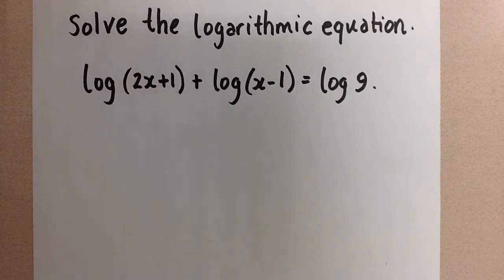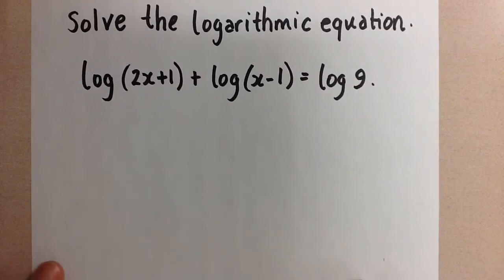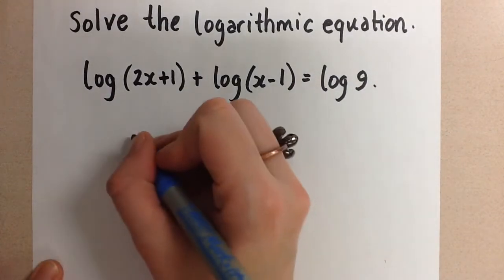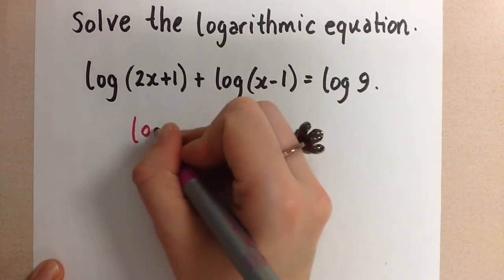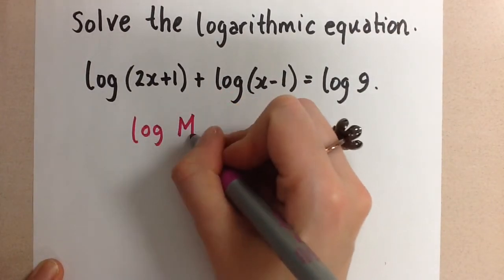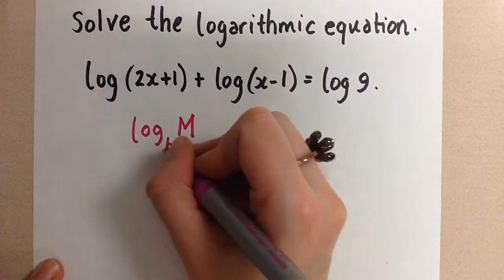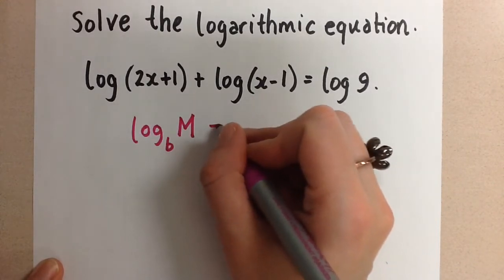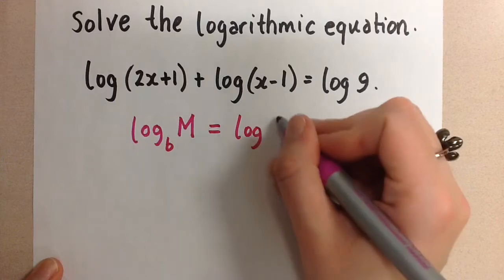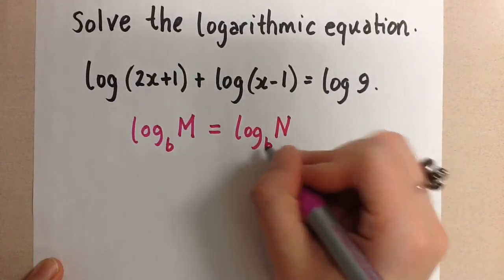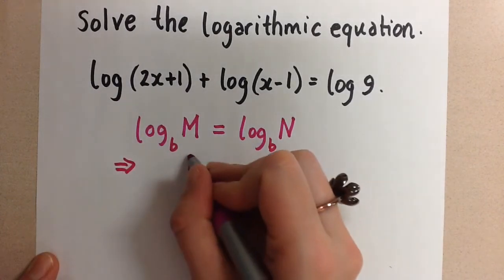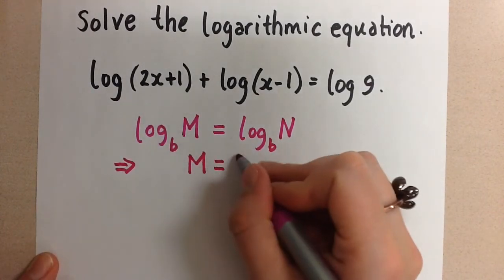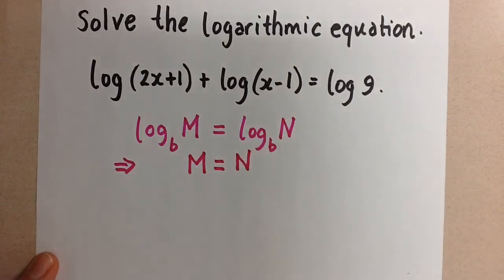We have to make use of the laws of logarithms here, and the most important thing to remember is that if we have the log of something, let's call it m, to the base b, equal to the log of something else, let's call it n, to that same base, then the somethings, the m and the n, are in fact equal.